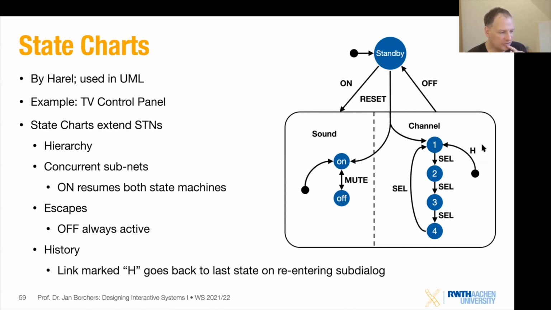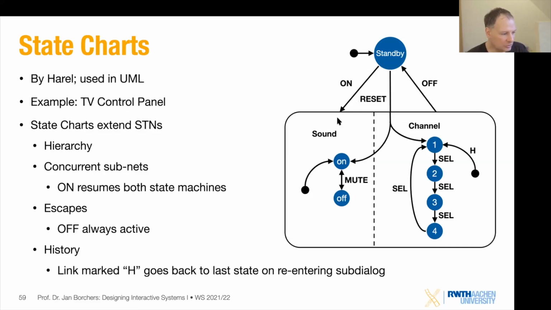This is sort of the on state, which is a big compound state that consists of two concurrent substate charts that are running in parallel. The moment I press the on button, I enter each of these, which means I end up turning on this left state chart, but also this right state chart.